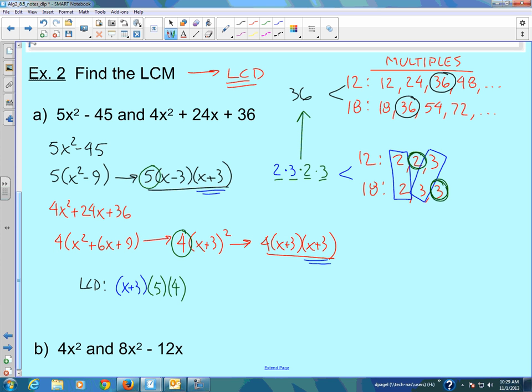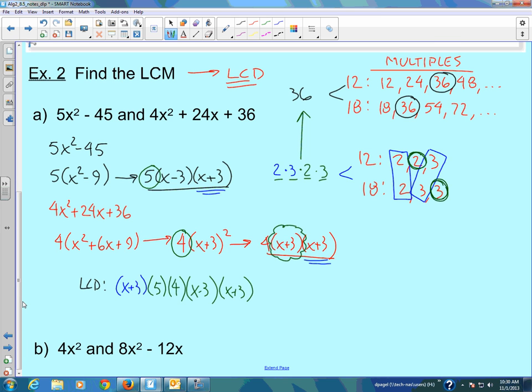And then we've got this x minus 3, which is a part of the black expression, and that's not in common, so I have an x minus 3. That's different. But then what about this additional x plus 3? Well, I need to include that because it's different between both of my expressions here. And so really I've got that additional x plus 3 in the red that's not up in the black, and so I have an additional x plus 3 that I need to account for in the LCD.